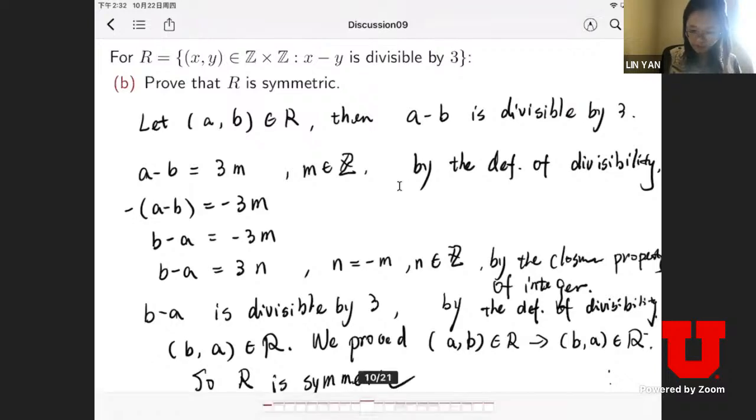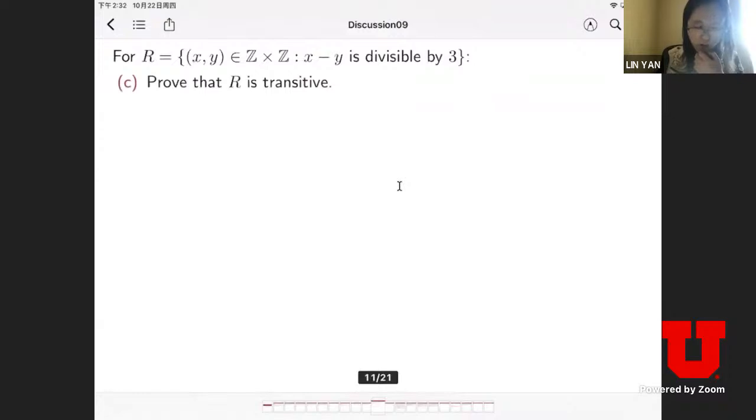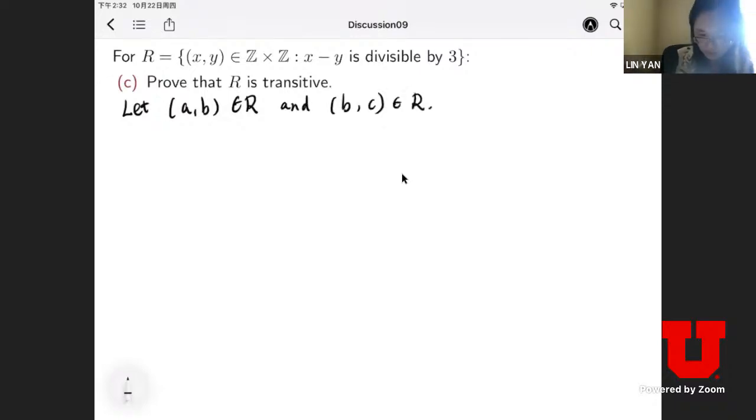Okay, let's go to the next question. Prove R is transitive. So we can let (a,b) in R and (b,c) in R. So a minus b is equal to 3m, and b minus c is equal to 3n, where m and n are integers.